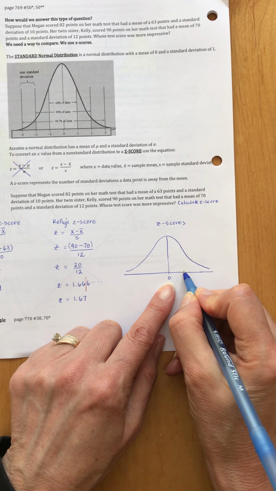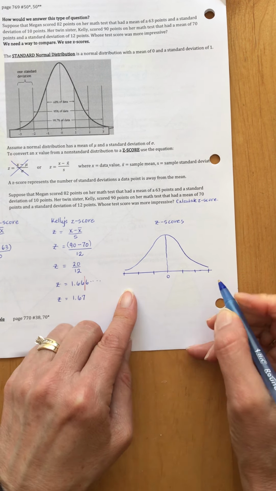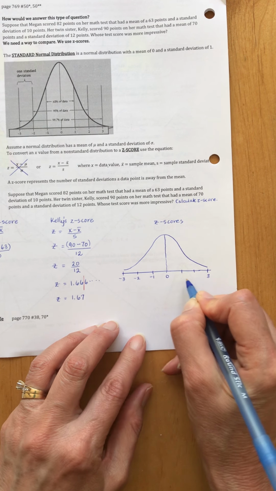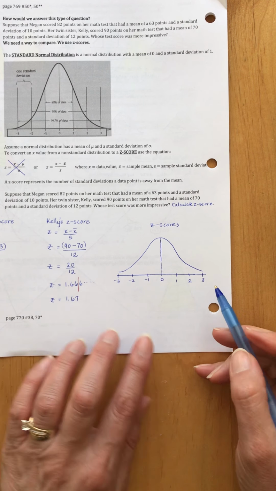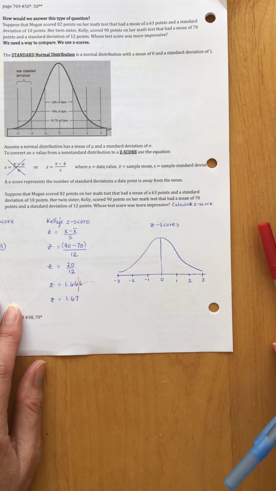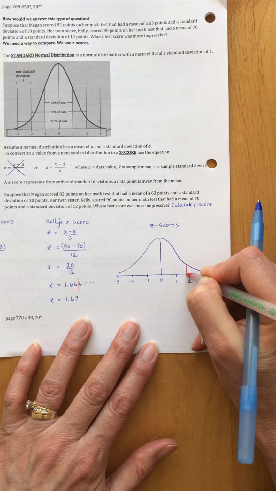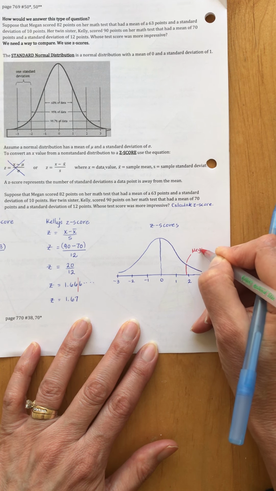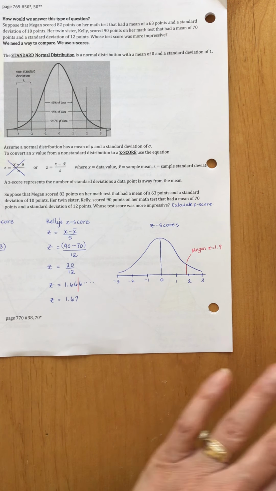Then we go 1, 2, 3 and 1, 2, 3. So this is a positive 3, this is a negative 3, and so forth. Z-scores basically range from negative 3 to positive 3. So where would we put them? Well, here's Megan at z equals 1.9.